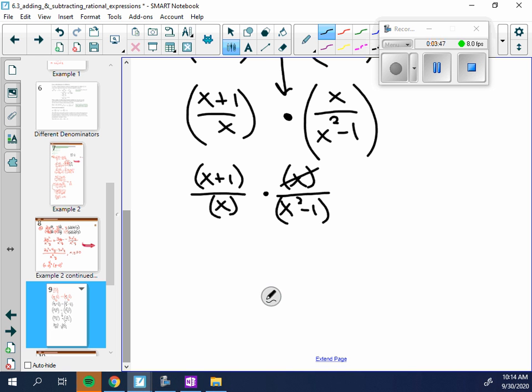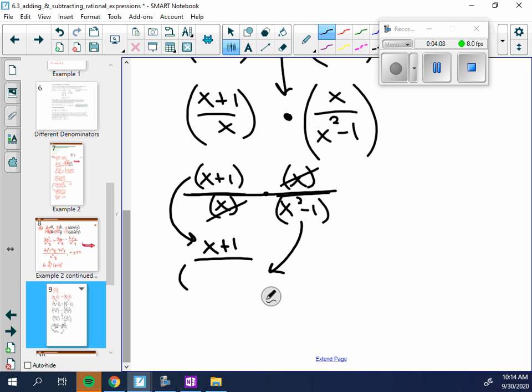Does anybody see anything else that would cancel? There is one more thing. What did I not do yet that I could do? I could factor that x squared minus 1. Okay, so x plus 1 over, what does this factor to be? Because that would be my denominator. This one goes to my numerator because I have my line extended out.